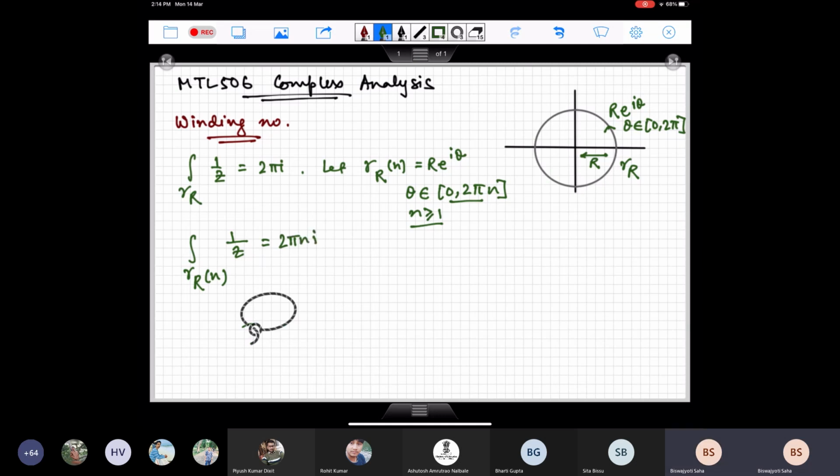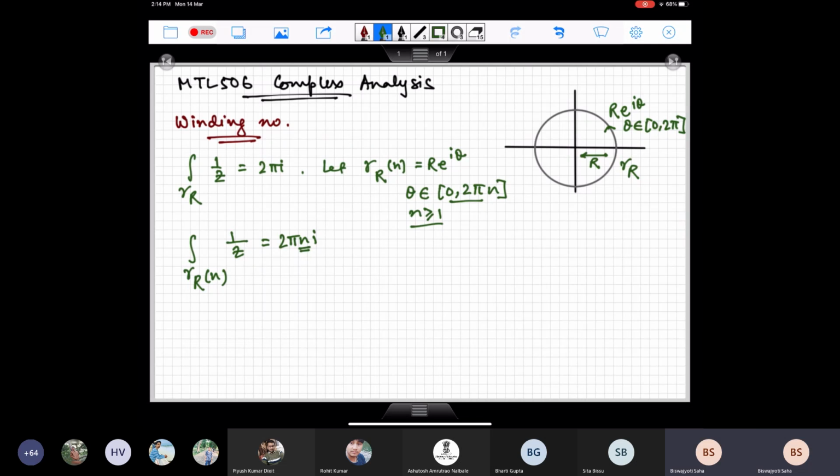So you see this n is featuring over here in the integral. Okay, so you just need to calculate f of gamma t gamma prime t dt, and then if you integrate from 0 to 2 pi n, you are going to get 2 pi n i.